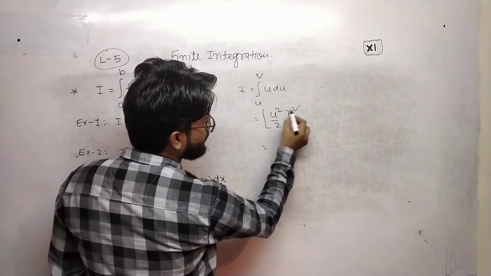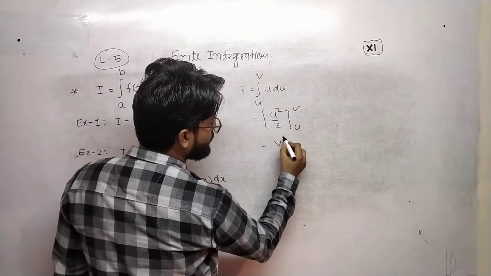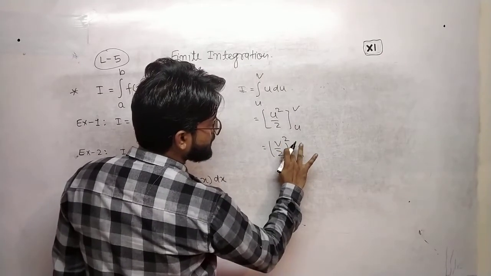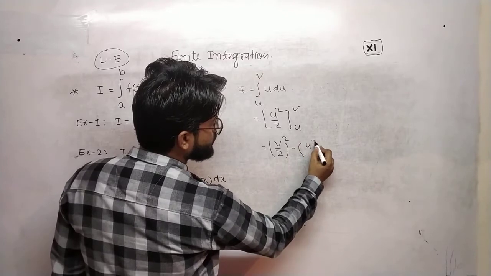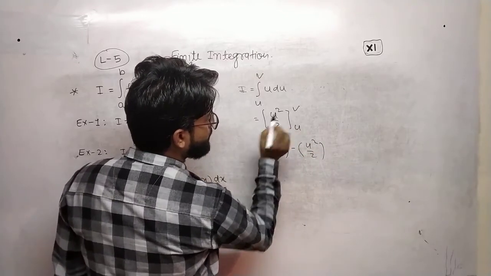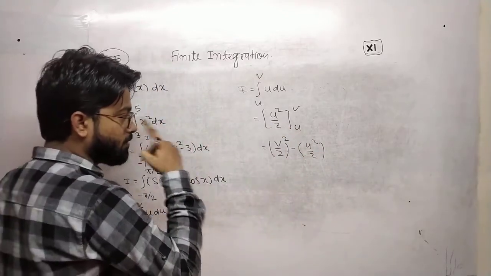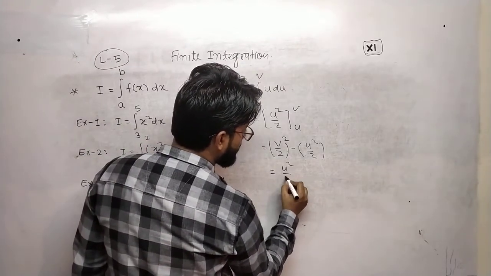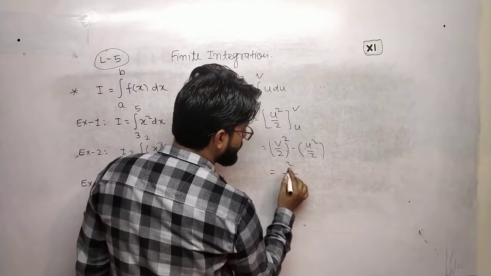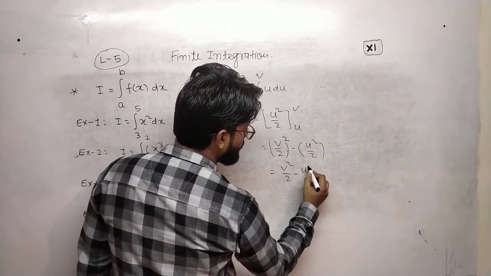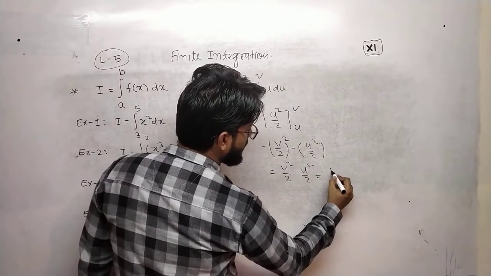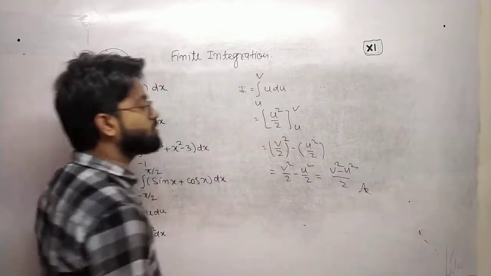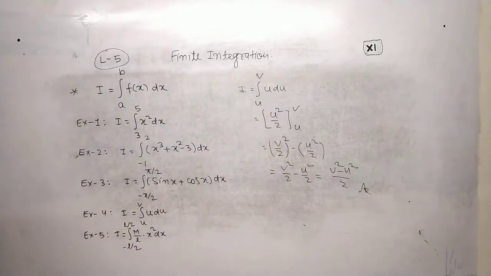In place of u, replace v square upon 2 in one bracket, minus in another bracket, u square upon 2. Replace u by u, it will be u only. Okay, now v square upon 2 minus u square upon 2, it will be v square minus u square upon 2. This is your final answer.